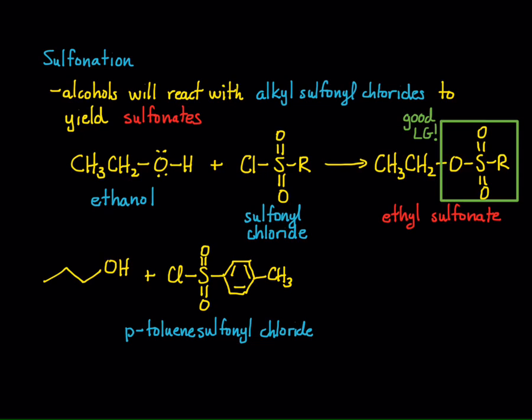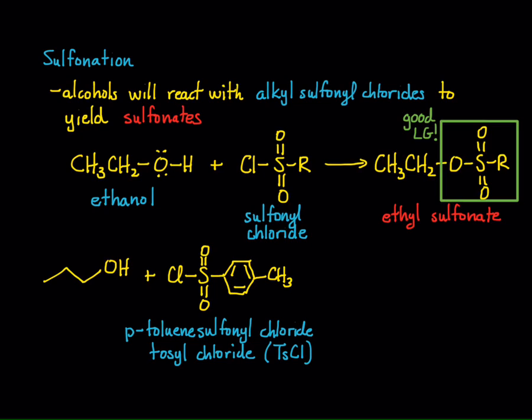Para is substitution. If you have two substituents on a ring that are opposite one another, it's abbreviated para, or 1,4 substitution. Para-toluene sulfonyl chloride is often abbreviated, because that's a mouthful to say, as tosyl chloride, which we abbreviate as TsCl.